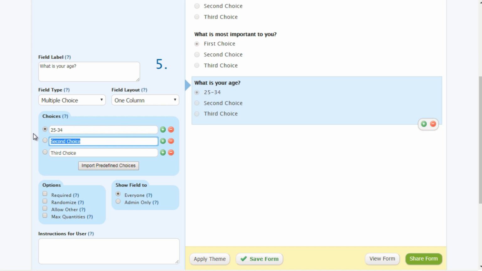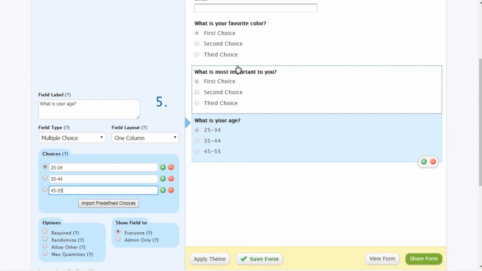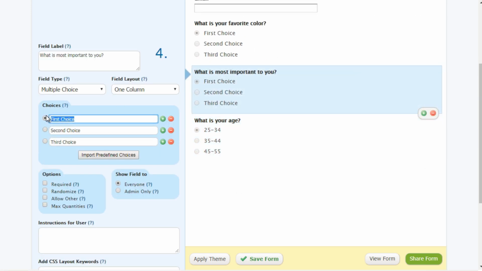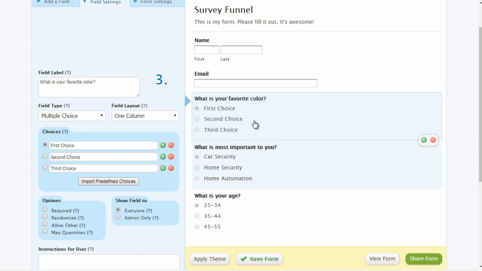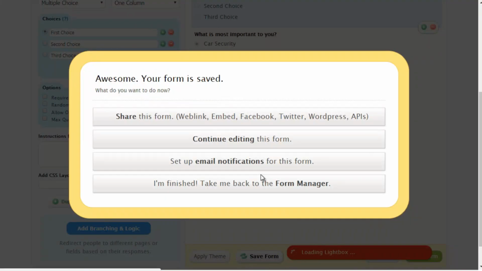We could have 35 to 44 based on what we saw earlier, 45 to 55. And then we can see what's most important to you. Security, home security, we say car security. Click on save.